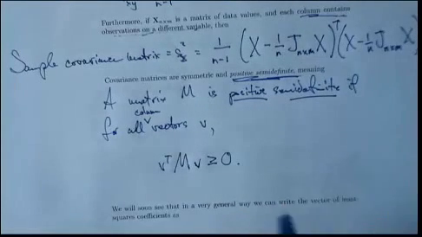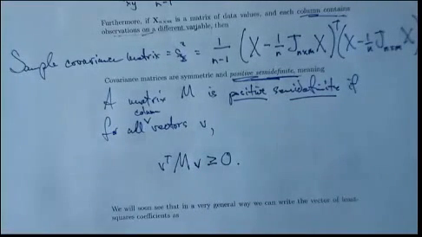One of your homework problems has to do with positive semi-definiteness, and it turns out that covariance matrices are symmetric and positive semi-definite.